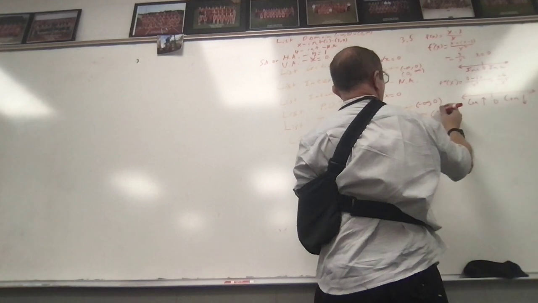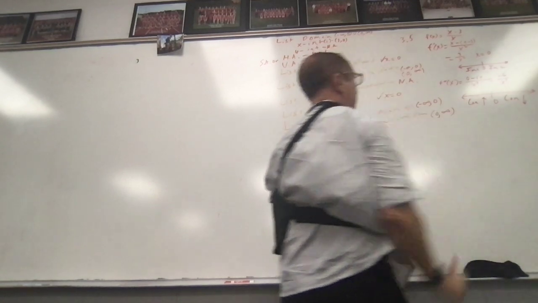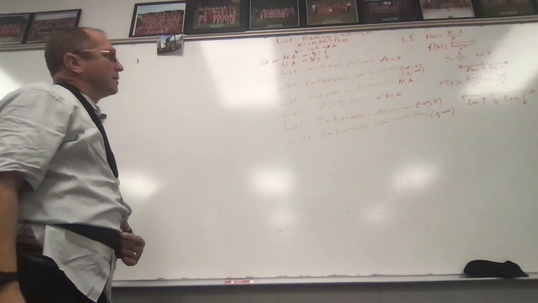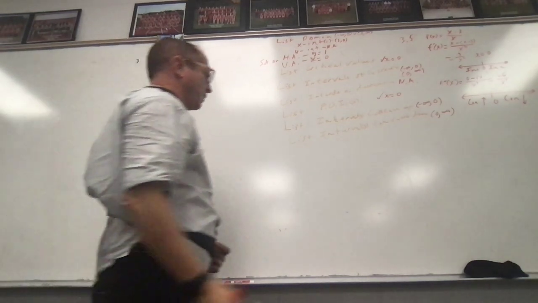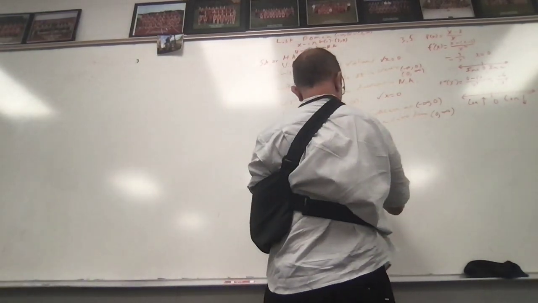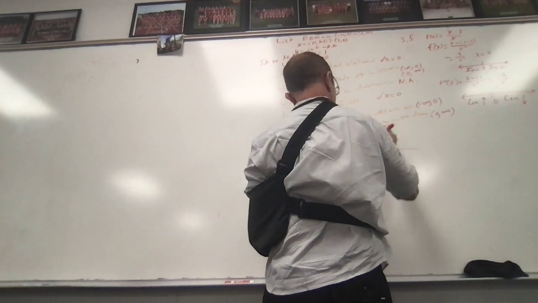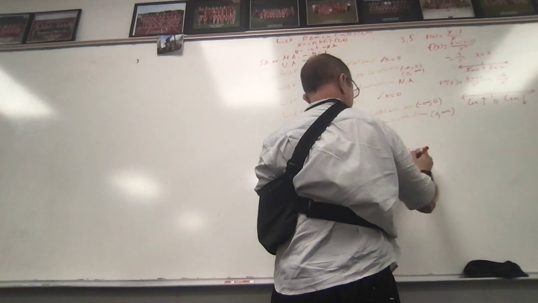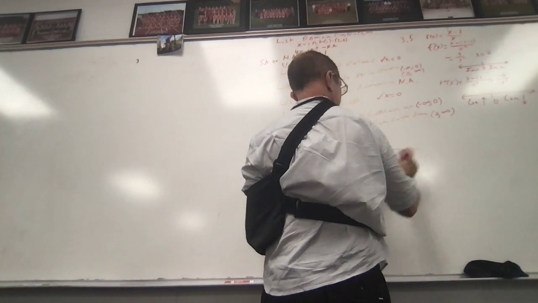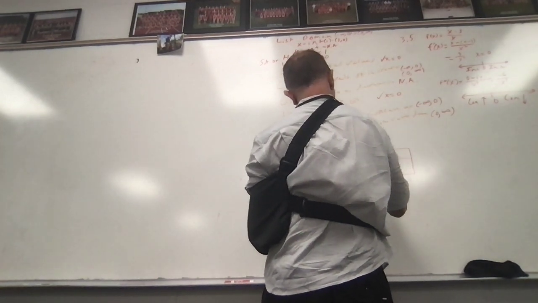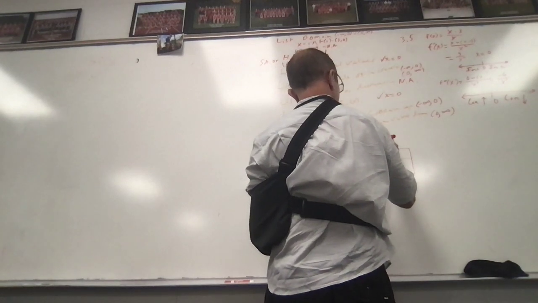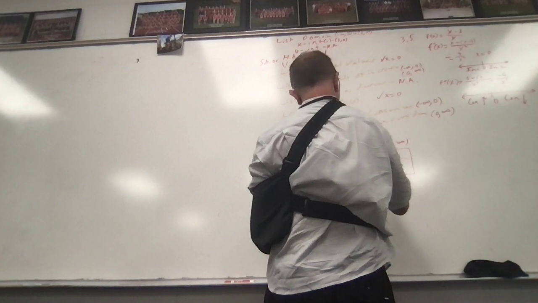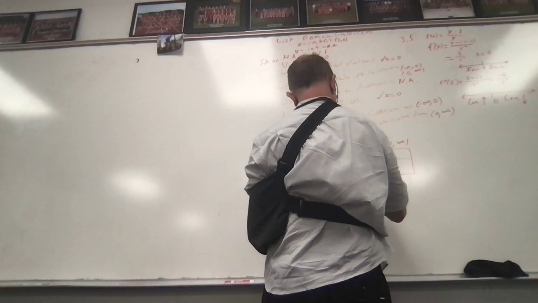Interval of concave down is 0 to infinity. So this time in my chart, I really only have one thing of interest, and that's at 0. So negative infinity to 0, 0 to infinity, f prime of x, f double prime of x.